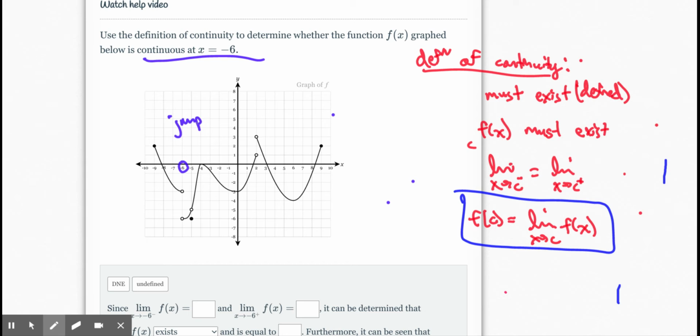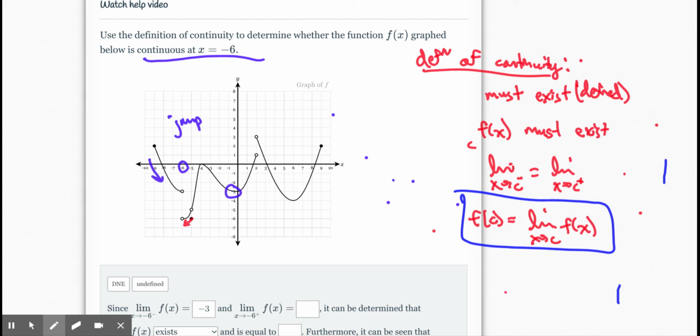So let's first look at the left-hand limit. That's what we're supposed to find there. So the left-hand limit would be coming down the curve that way. As we approach from the left, we get the y value of -3. So that's what we're going to type in there. It's not enough to just know it's not continuous. We need to prove why. So that's what we're doing. The right-hand limit is going to be just a little short spot here.